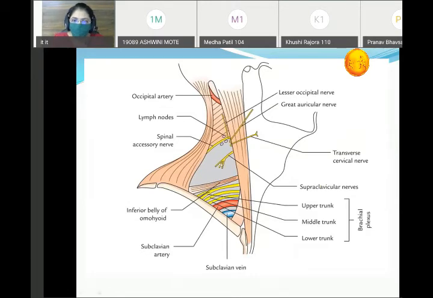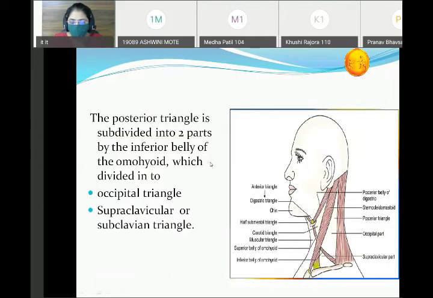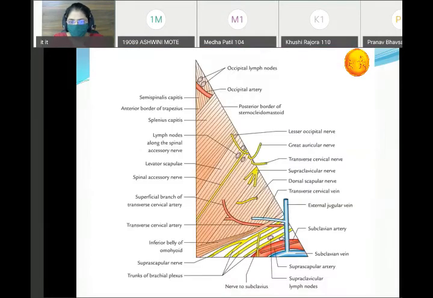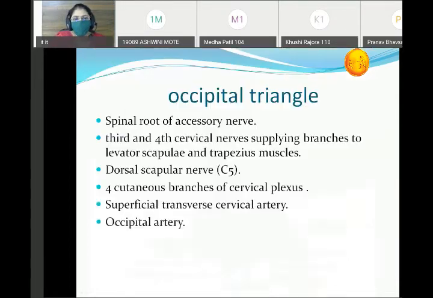Here you can see in this figure, this is the dorsal scapular nerve, which will supply the levator scapulae. Also, it will supply the rhomboid muscle, which is one of the contents of the occipital triangle.